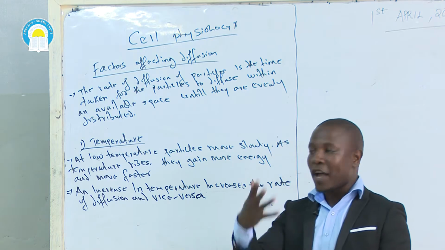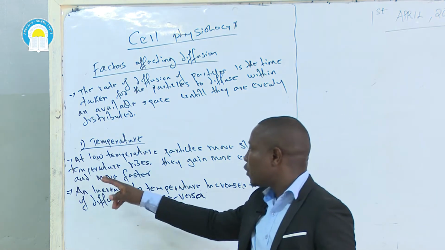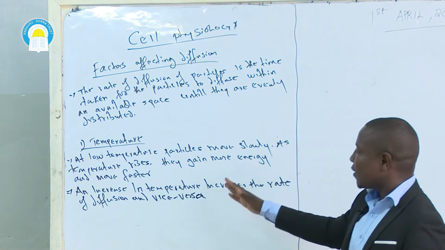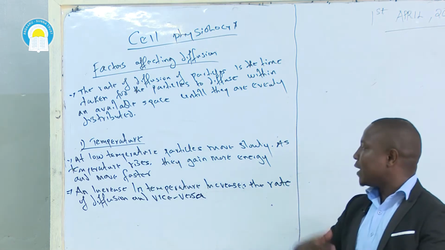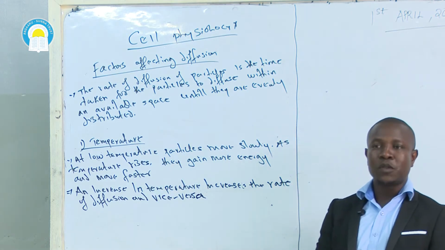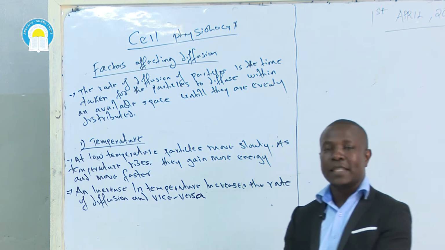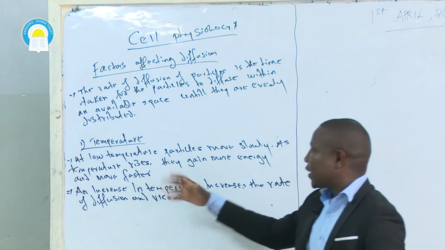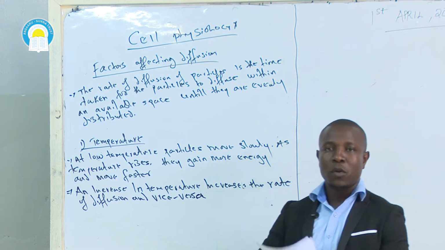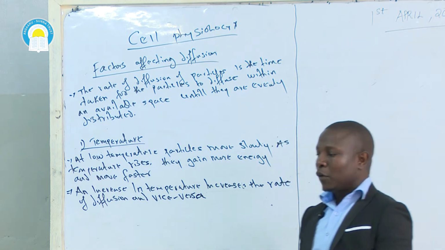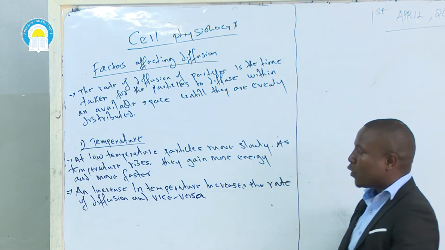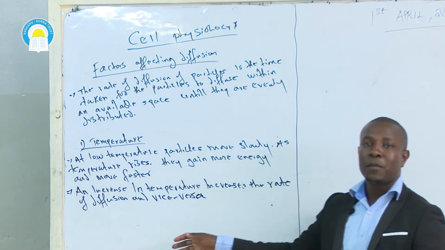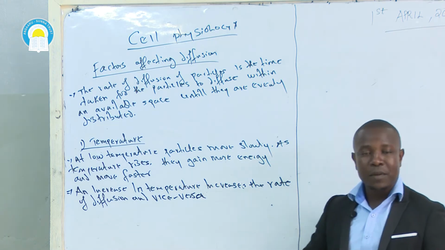It will increase. Why? Because when the temperature rises, the particles gain more energy. In chemistry, we are taught about kinetic energy. So when the temperature rises, the particles gain more energy and move faster. At high temperature, the particles will diffuse faster across a semi-permeable membrane than when the temperature is low.